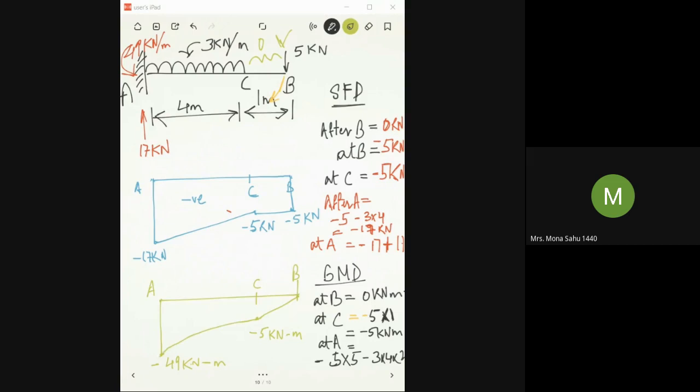So please make sure this is a parabolic curve, and you have a negative bending moment. Clear?